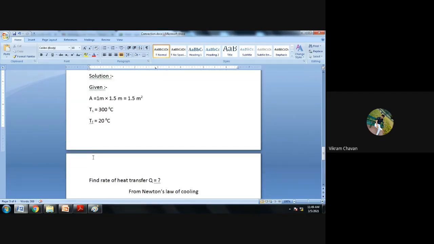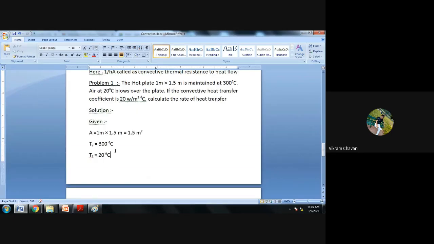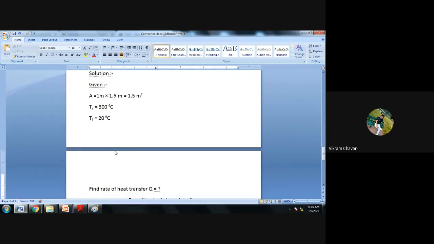And the last one is H, which is provided. H is equal to 20 watt per meter square degree Celsius.